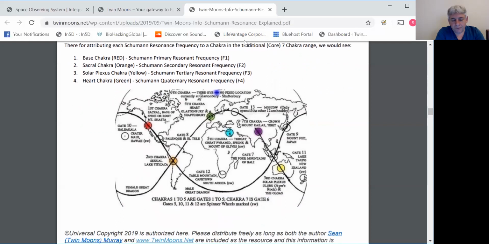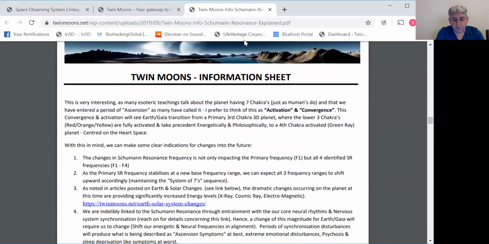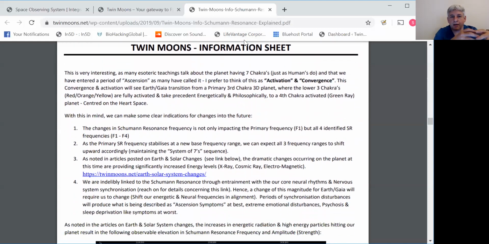And so, if we think about this in those critical terms, we've got the Schumann resonance going through periods of intense change. It is true the energetic environment around the planet is going through intense activation, and what I would suggest is that we need to converge with that. We need to entrain with that.